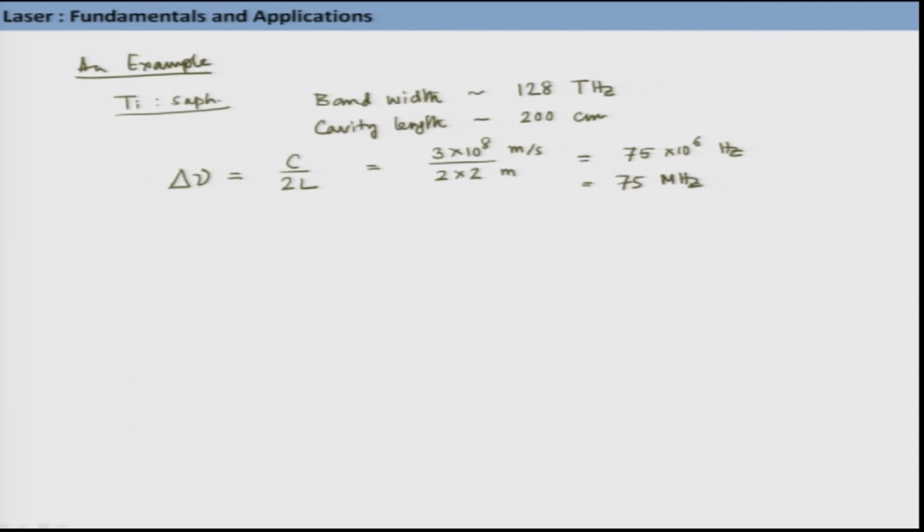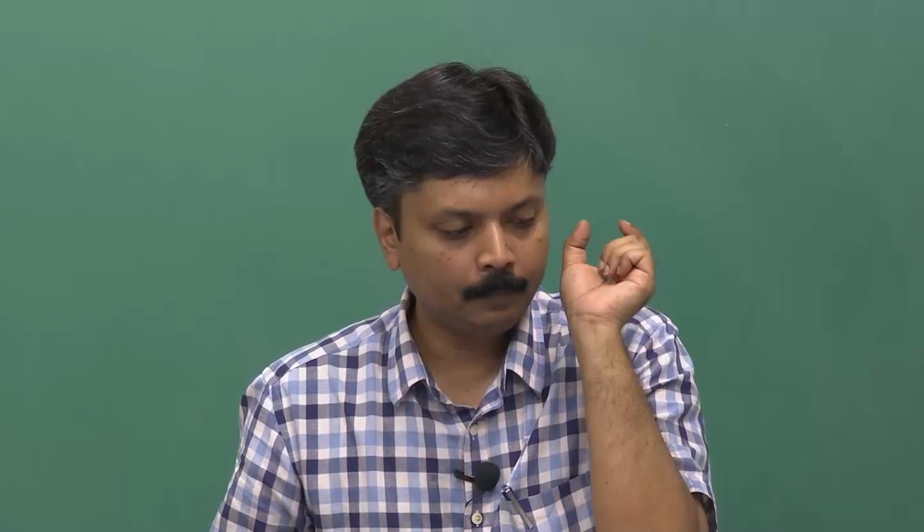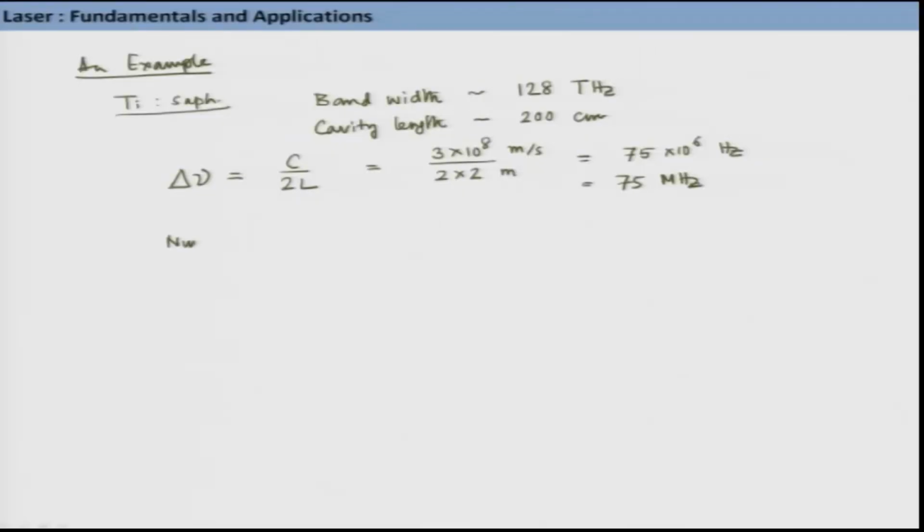Now, if the distance between two modes in frequency unit is 75 megahertz, then what is the number of modes in the cavity? I can easily find that out.